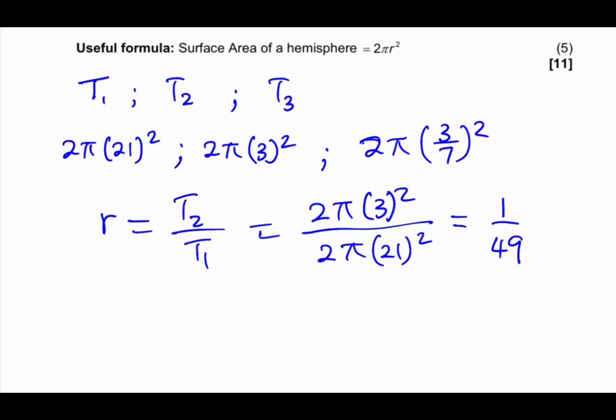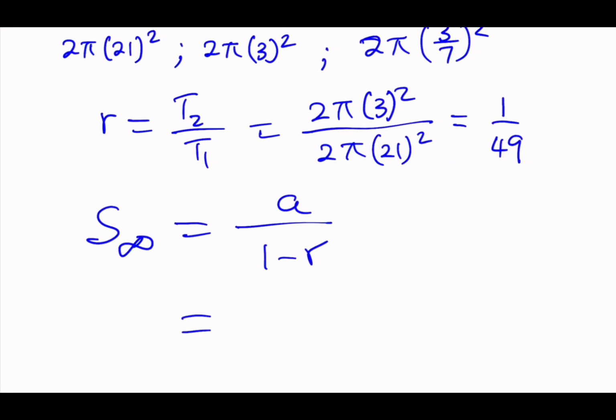If we want to find the sum to infinity, it would be a over 1 minus r, where a is the first term, over there.